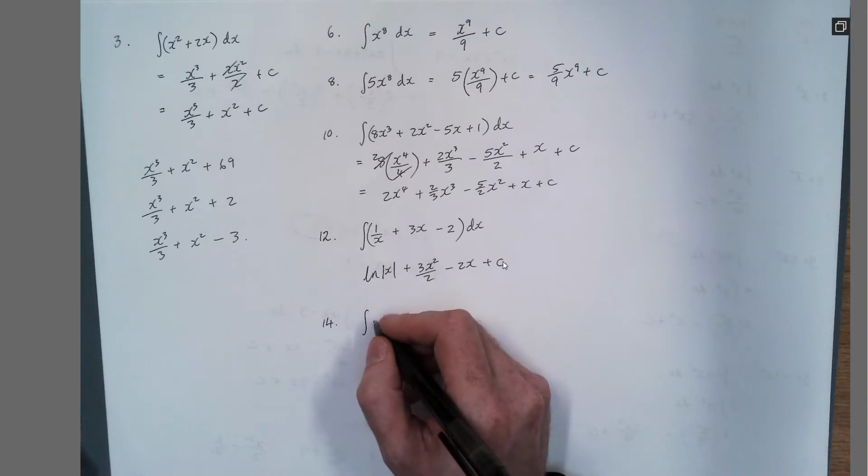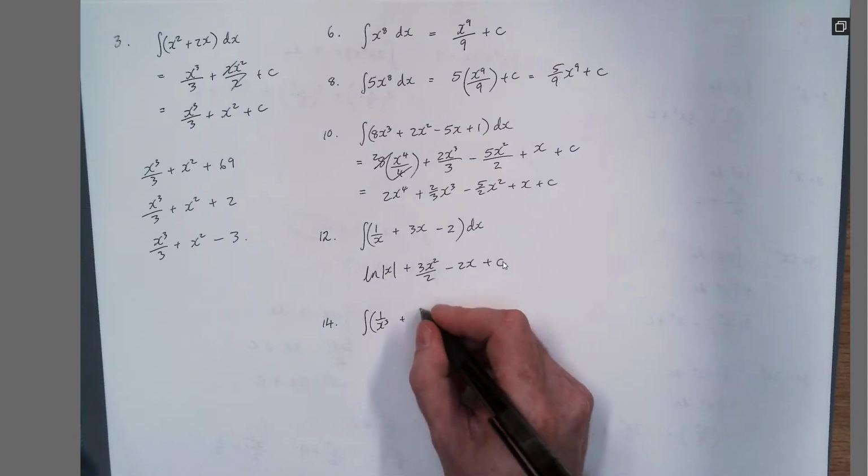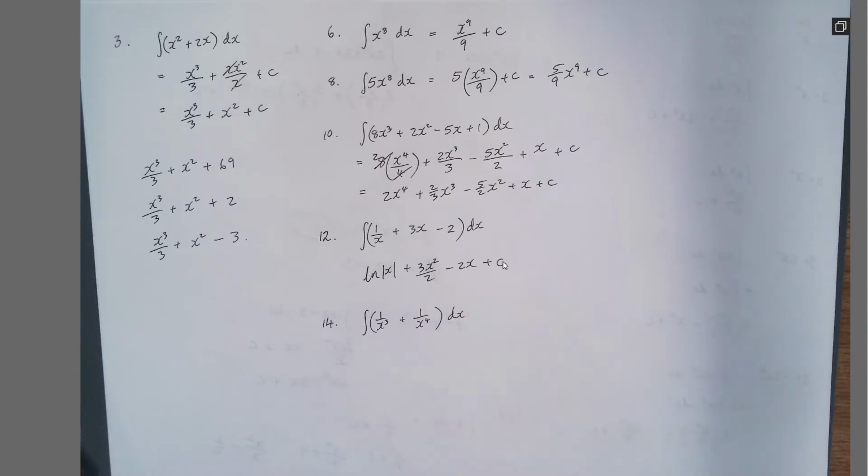Now integrate 1 over x cubed plus 1 over x to the power of 4 dx. Check the formula table for 1 over x to the power of 3.